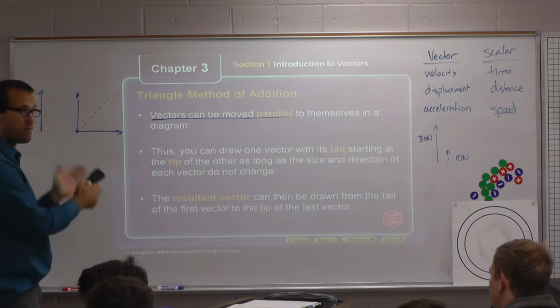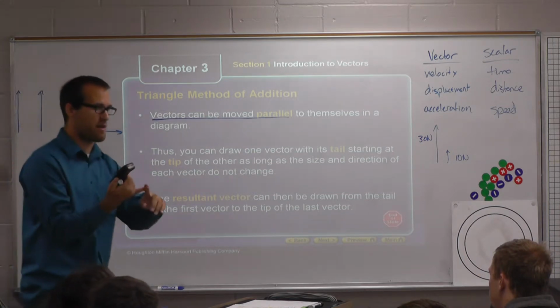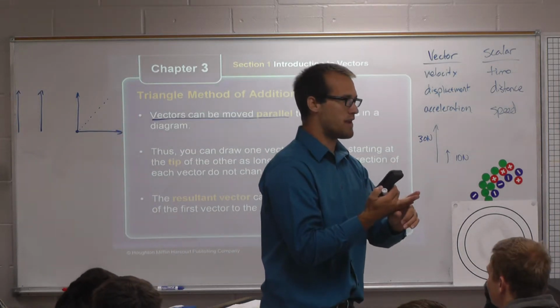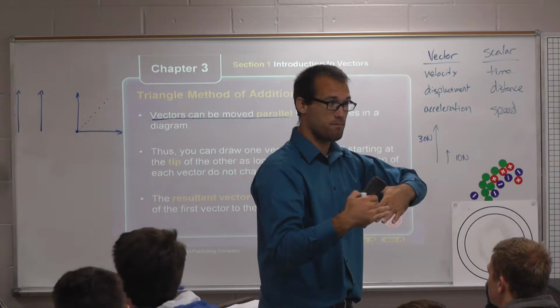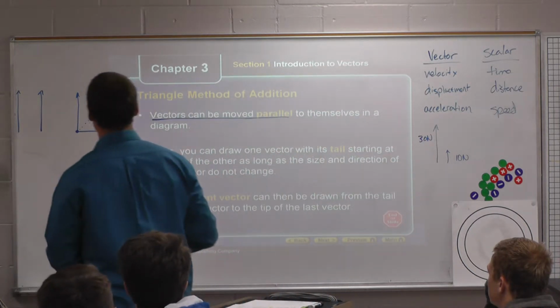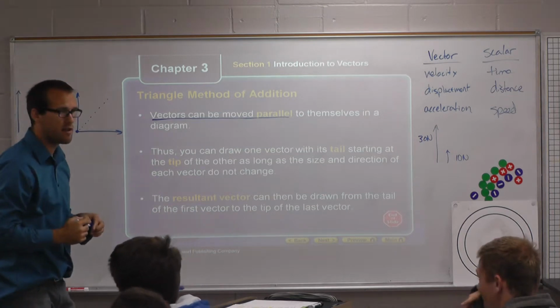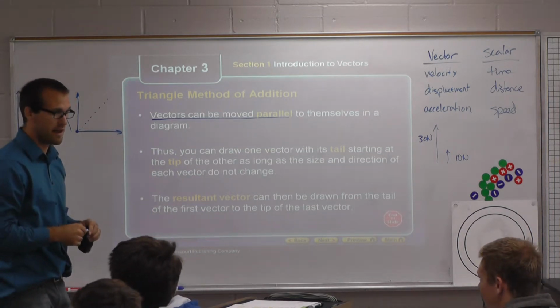Yes. If you move them parallel to each other, it doesn't affect the magnitude, doesn't affect the direction. So you can move them parallel. You cannot rotate them. I cannot take this and go like that, because that changes the slope. Well, yes, but the direction, right?